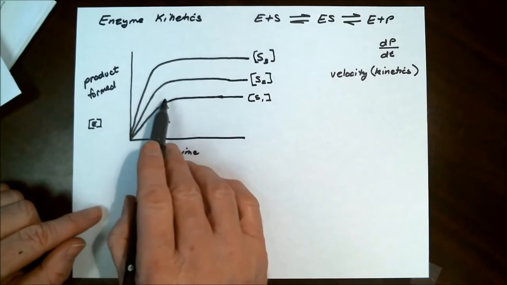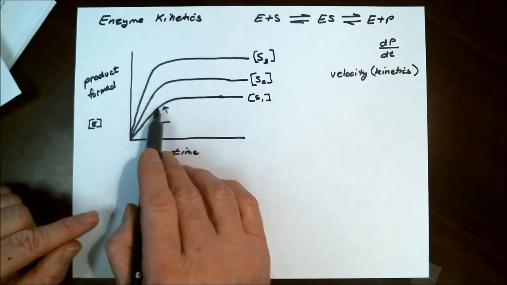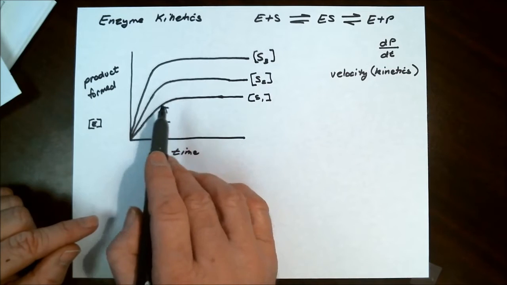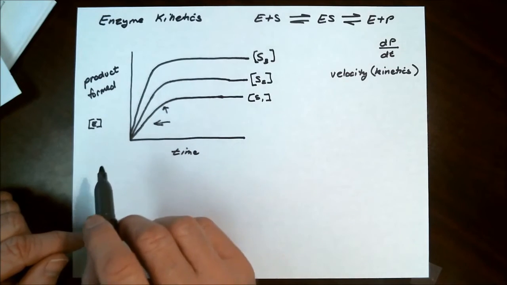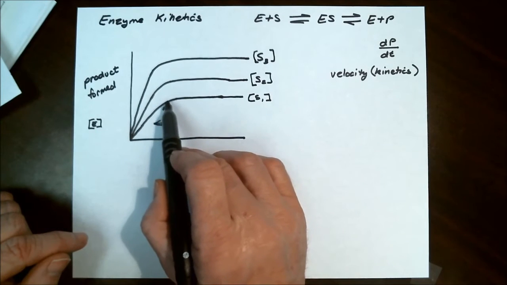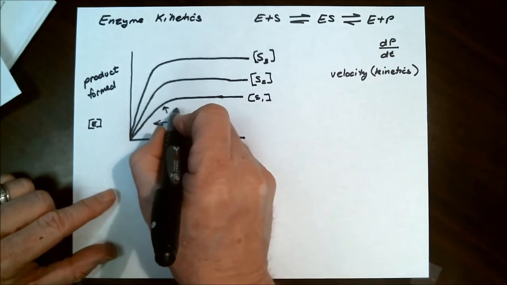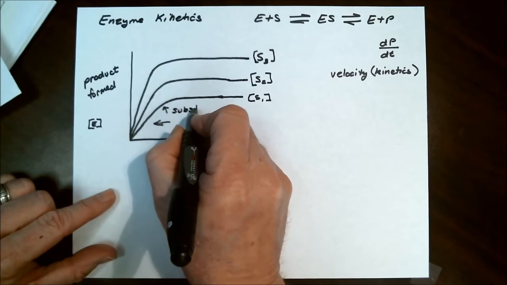Now, if we're out here in time, as the curve starts to level off, we are depleting the enzyme of substrate. So the enzyme doesn't have the full capacity to catalyze its reaction. It essentially becomes what's called substrate limiting.